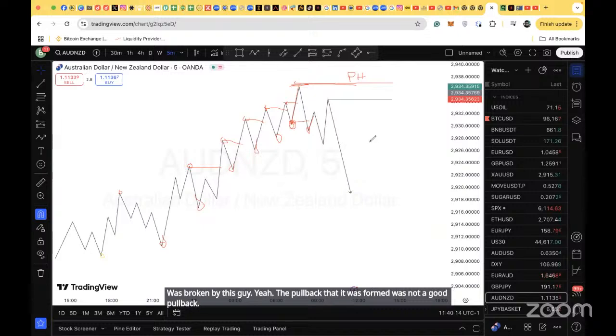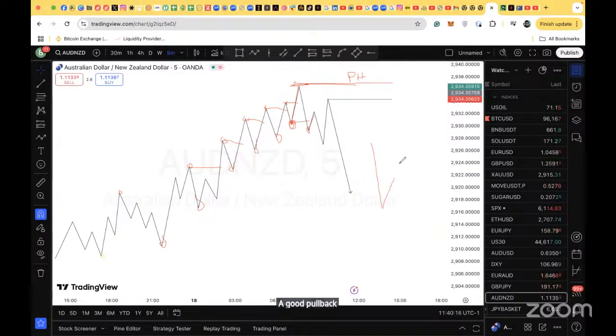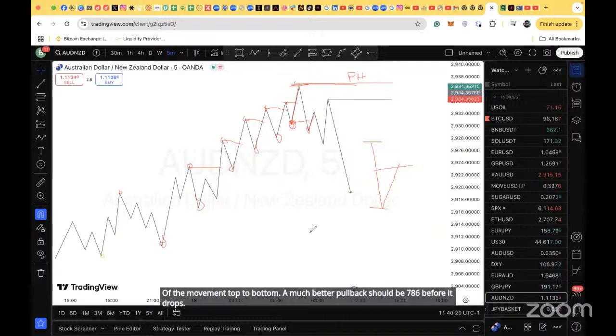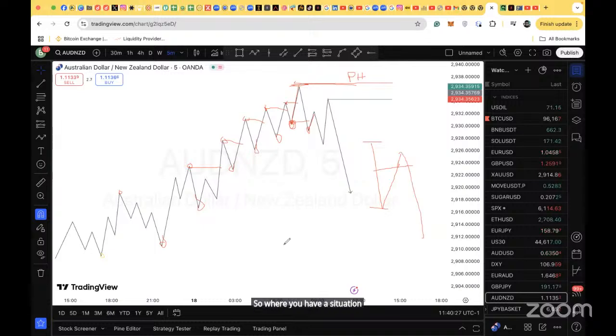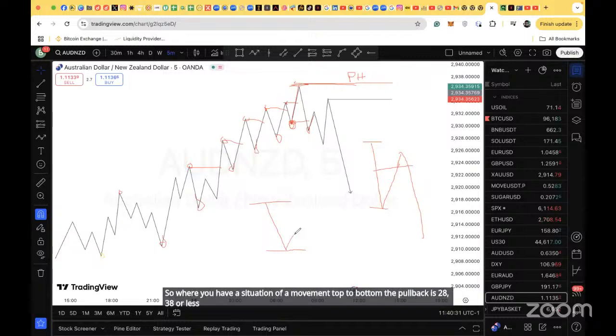A good pullback after a push should be at least 50% of the movement, top to bottom. A much better pullback should be 786 before it drops. So where you have a movement top to bottom, and the pullback is 28, 38 or less than 50, and the price came down here.